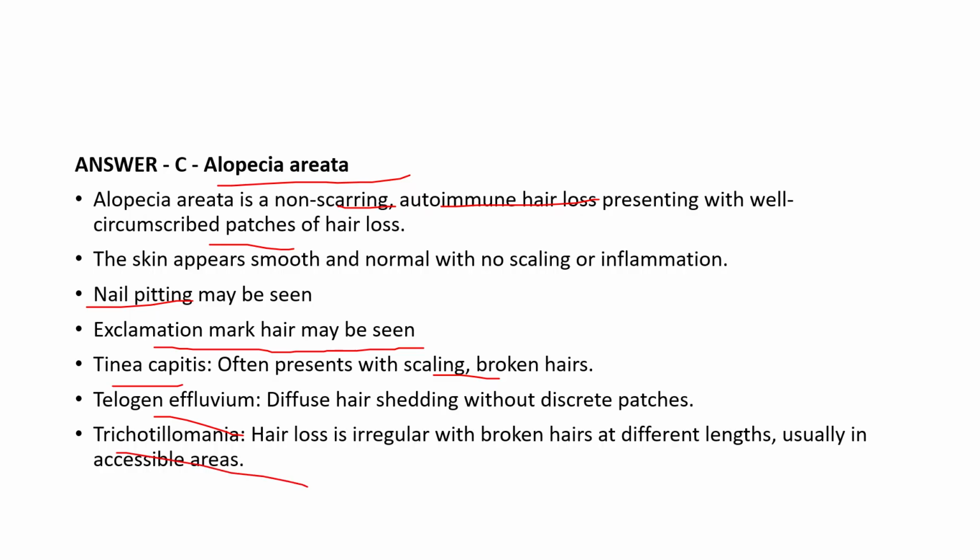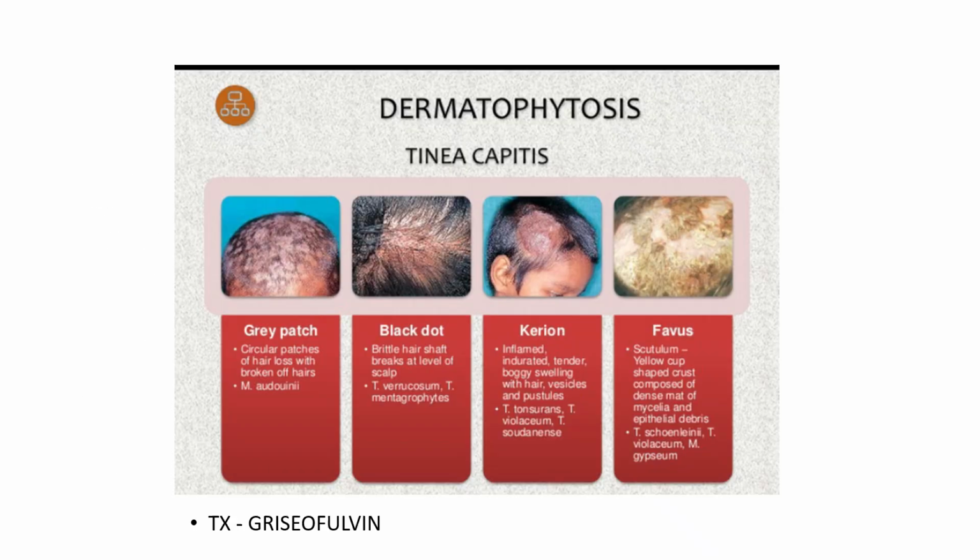Trichotillomania, as I mentioned, is a psychiatric condition wherein the patient actually plucks his or her own hair. So usually the hair loss is irregular with broken hairs at different lengths, usually in accessible areas because they are plucking their own hair. So that was the question regarding alopecia areata.